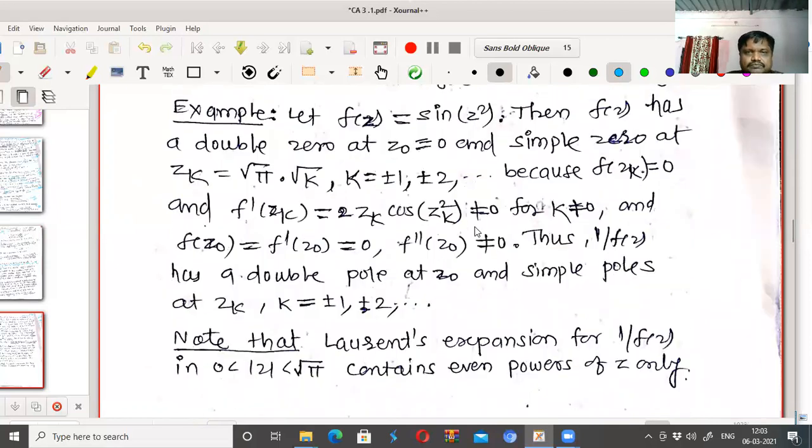Same thing is there. Now, let f of z be sine of z square, then f of z has a double 0 at z0 equal to 0. It is a double 0 because sine of z square is there. So 0 of order 2 is there.